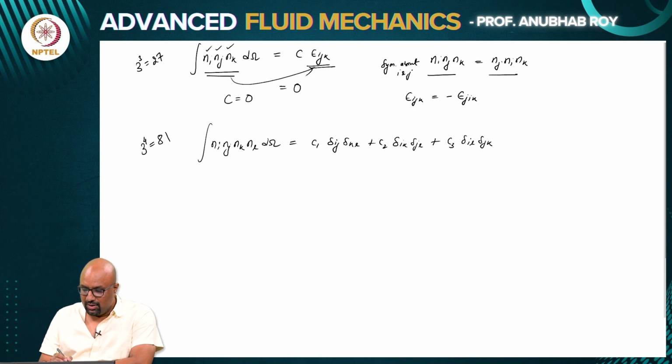So, this now tells us that I have reduced what could have been 81 trigonometric integrals to actually finding 3 constants. Now, can we reduce this further?